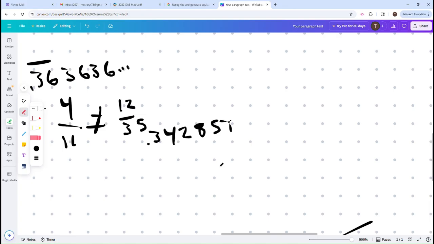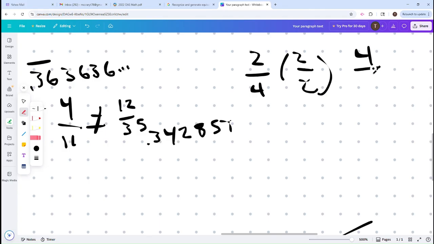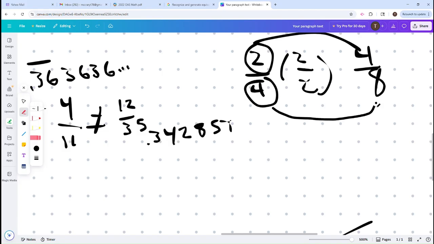All right? We did 2 over 4 and multiplied it times 2 over 2, and multiplied those two numerators for a new numerator, and those two denominators for a new denominator. Is there something you can multiply this by to equal 4? Yes. Is there something you can multiply this by to equal 8? Yes. Is it the same number?